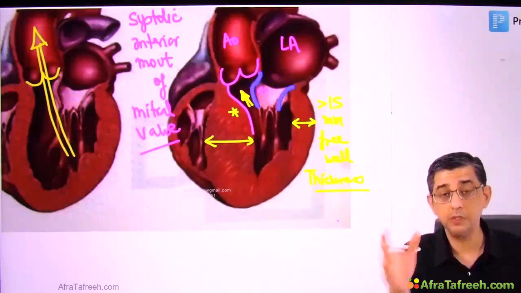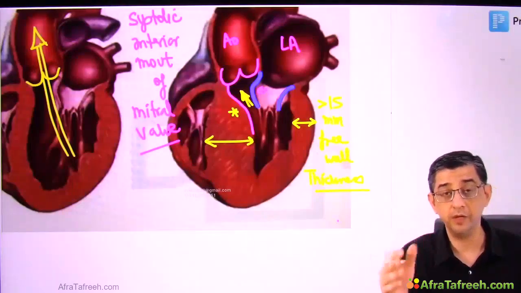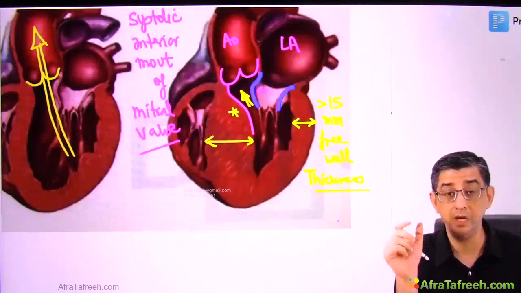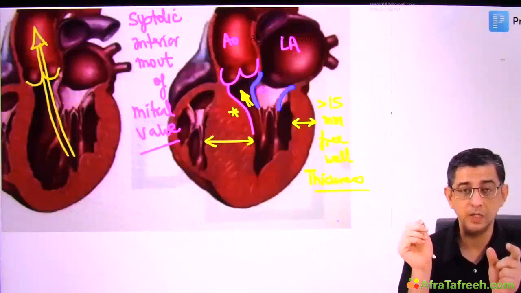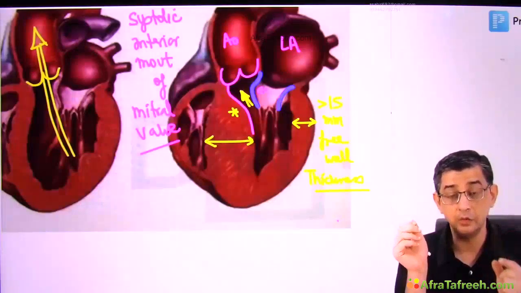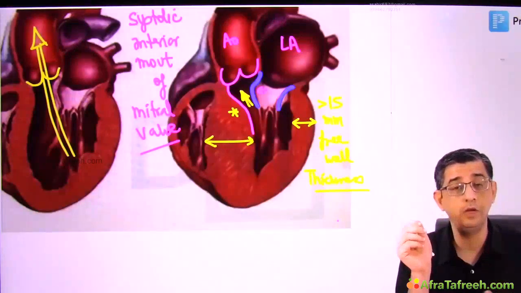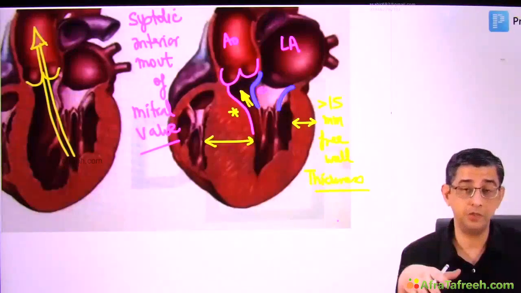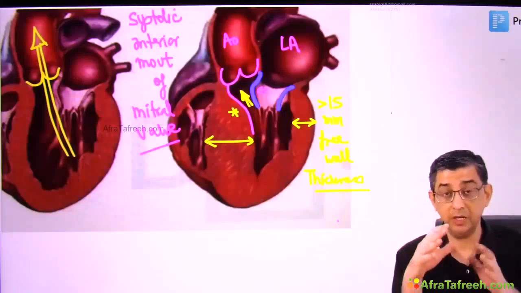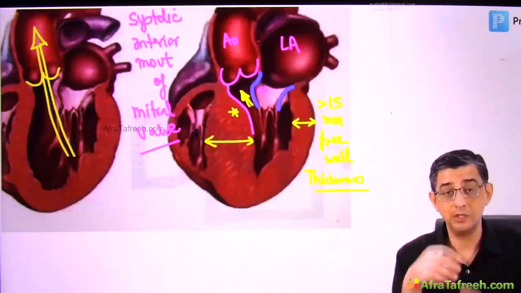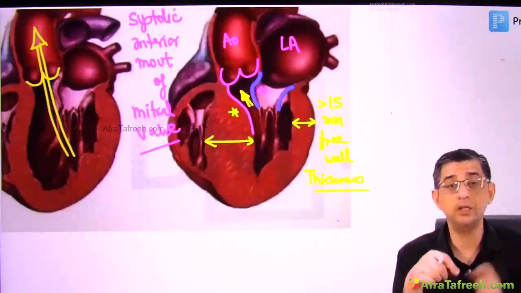I will also subsequently be talking about a case where the left ventricle free wall will be as much as 30 millimeter thick. Imagine, it's literally thick as armor. A 3 centimeter thick wall of the left ventricle. So the amount of hypoxia is going to be tremendous. And when the diagnostic criterion is 15, but it goes up to 30, then the chances of sudden cardiac death are dramatically increased in the patient.